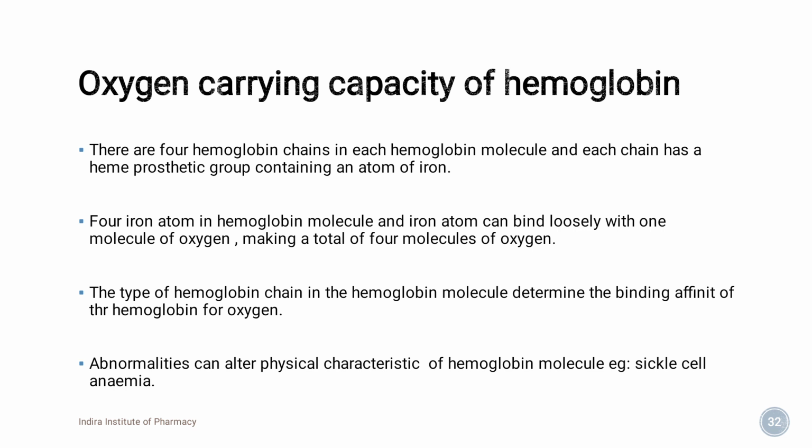Oxygen carrying capacity of hemoglobin: there are 4 hemoglobin chains in each hemoglobin molecule, and each chain has a heme as a prosthetic group, which contains an atom of iron.